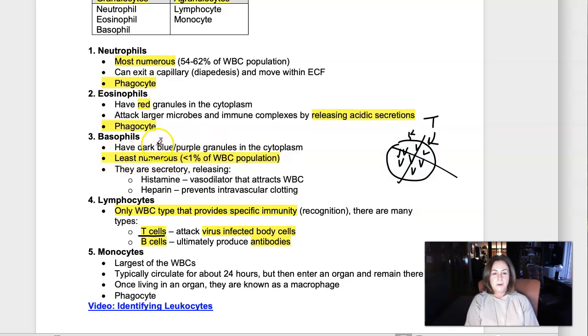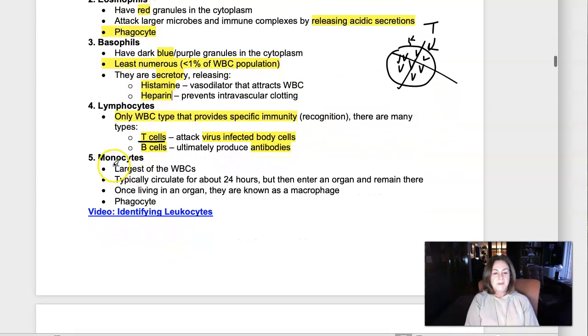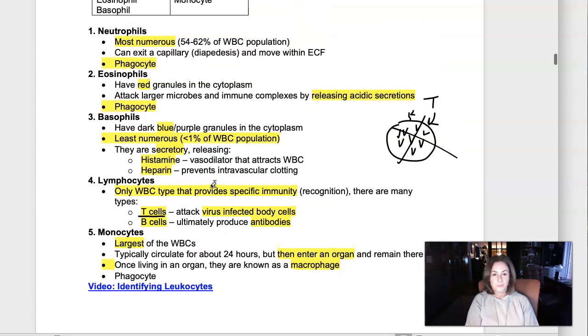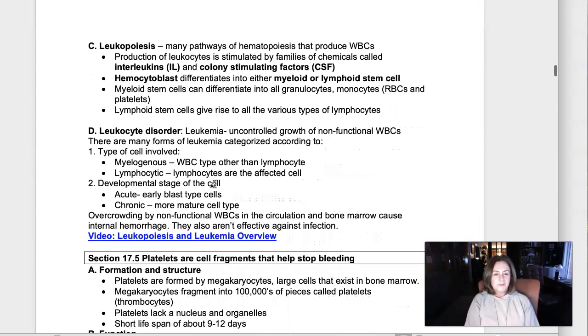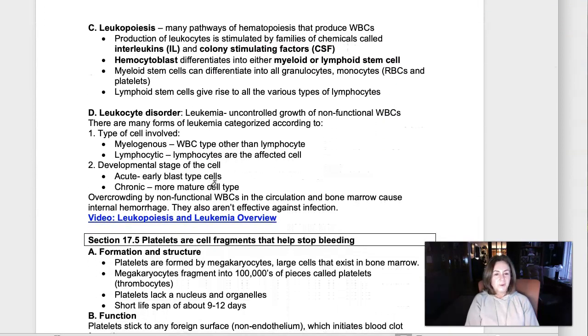They have the blue granules in the cytoplasm, and they're secretory, secreting histamine and heparin. And then the monocytes are the largest, typically circulate for a short time, but then they enter an organ, remain there, and once they're living in that organ, it's called a macrophage, and they're general phagocytes too. So that is a basic story on the different types of white blood cells.